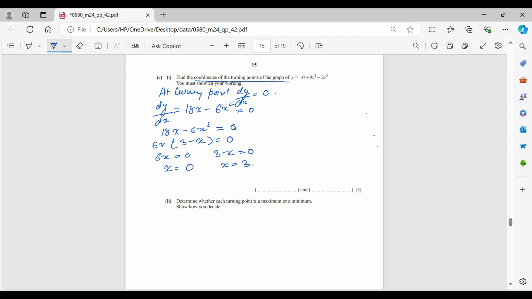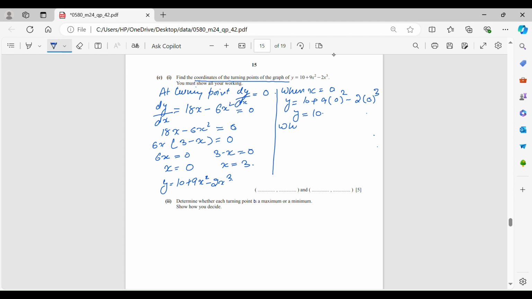So now we know y is equal to 10 plus 9x square minus 2x cube. So when x is equal to 0, then y will be equal to 10 plus 9 bracket 0 square minus 2 into 0 cube. So y will be equal to 10.